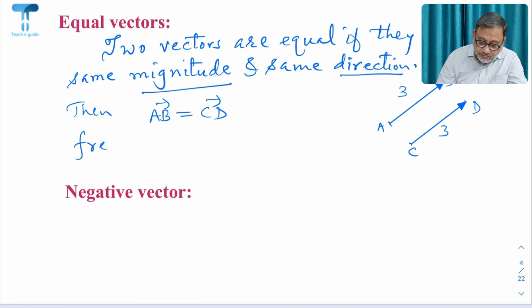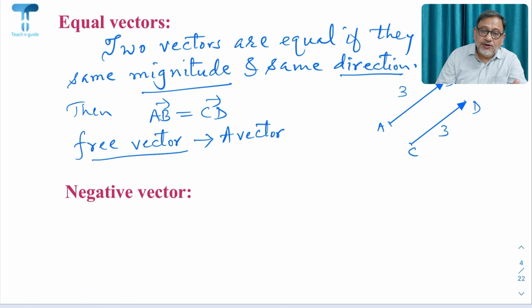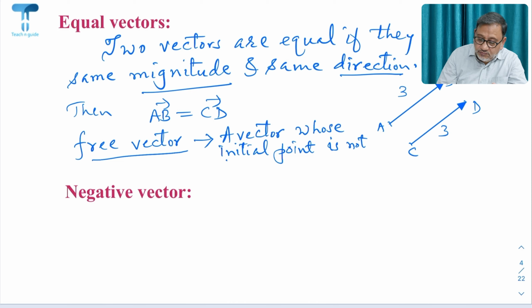Free vector: we call a vector a free vector if its initial point can be taken anywhere, it is not fixed. Such a vector is called a free vector.